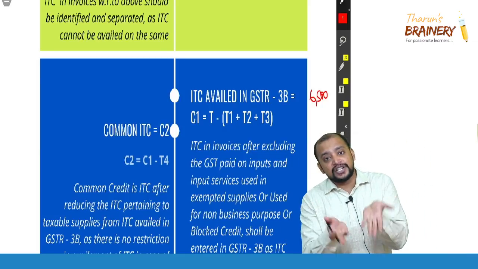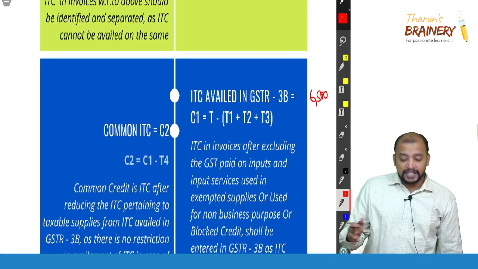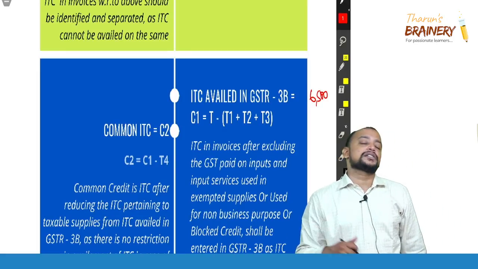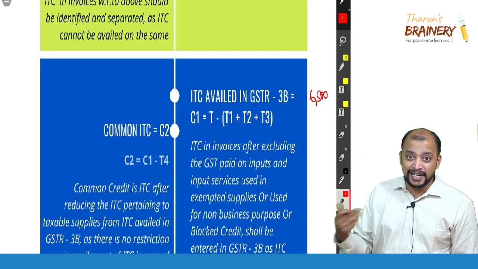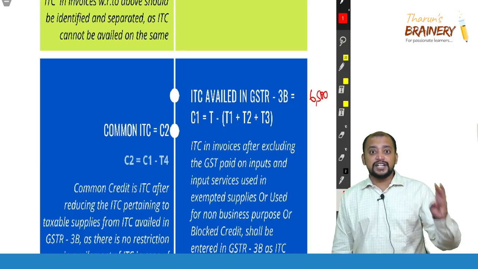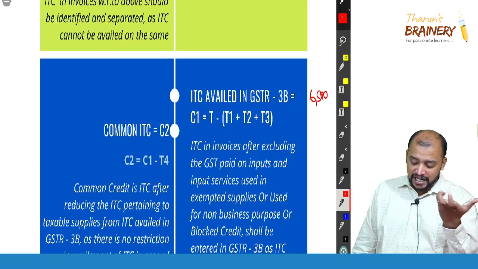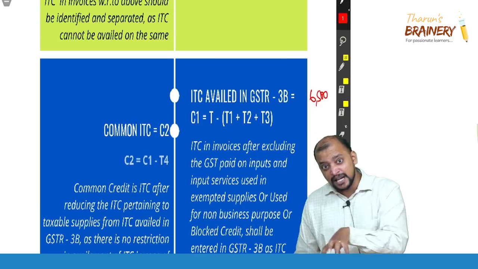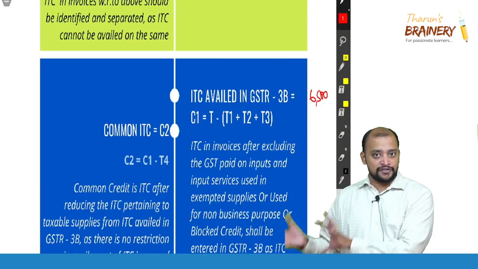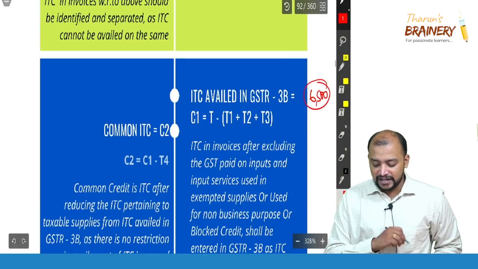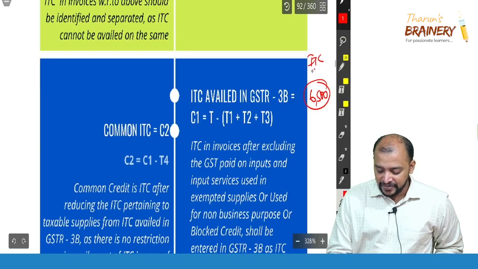So naturally that is what we are doing. First we take out the ineligible credit, meaning exclusively used for non-business, exclusively used for exempted, and blocked credit, T1, T2, T3, and the remaining we take to the GSTR 3B. Now that goes into the availment of ITC. So this 6500 will be called ITC availed.